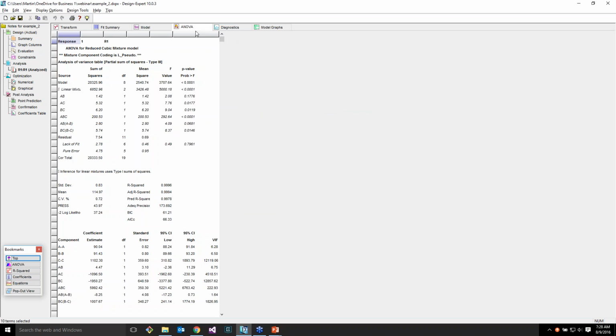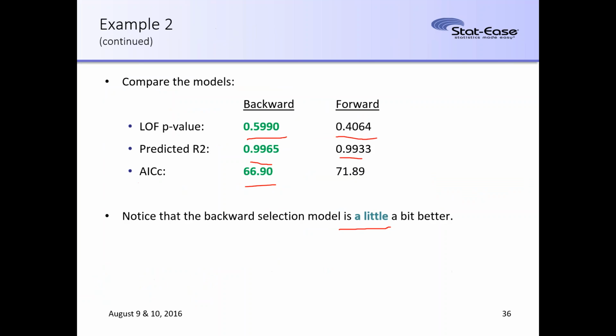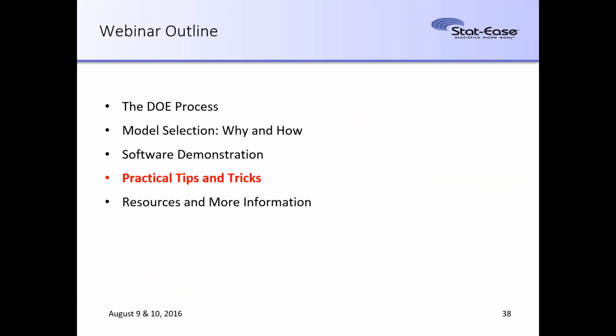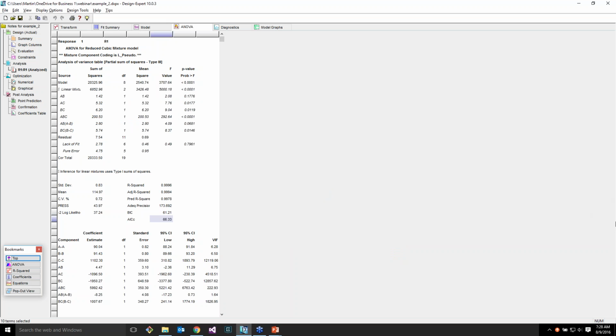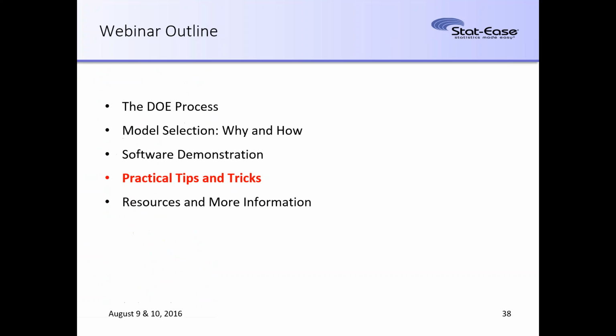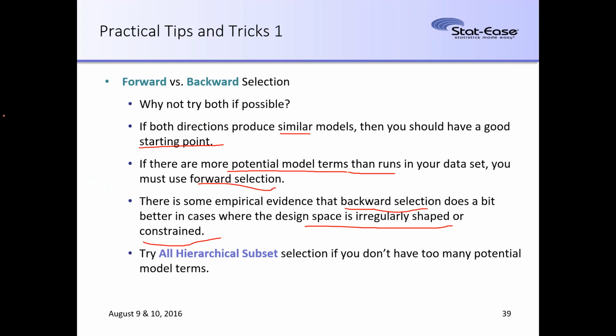And it looks like it gave me a model with an AICC that's even lower than the one that I saw previously, but not by much. So all hierarchical subsets maybe did a little bit better here. But again, to do all hierarchical subsets in a reasonable amount of time, you need a small experiment, you need a small candidate set of terms.